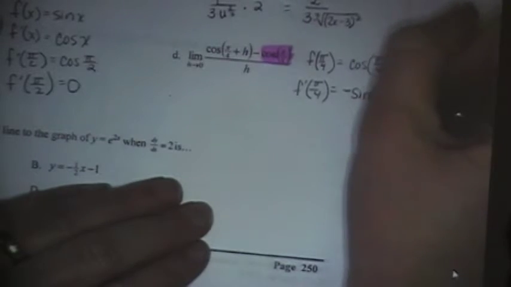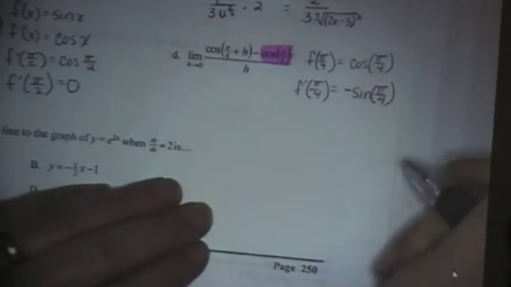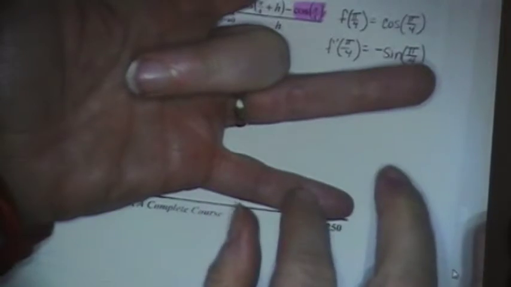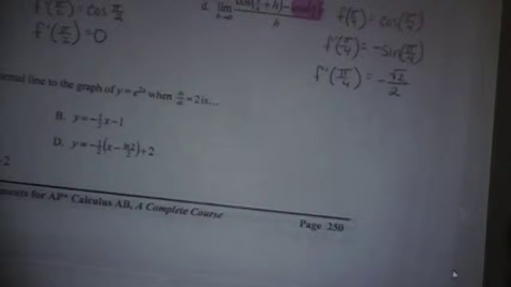So the derivative at pi over 4 is going to equal negative sine of pi over 4. Well, let's see. Left-hand trick. Pi over 4 is right in the middle. 2 on top, 2 on bottom. So it's going to be square root of 2 over 2, but it's negative. So I get f prime of pi over 4 equals negative square root 2 over 2. And that is it.